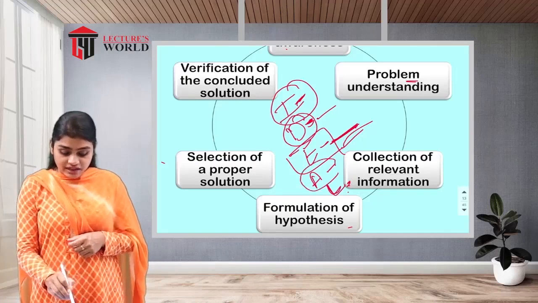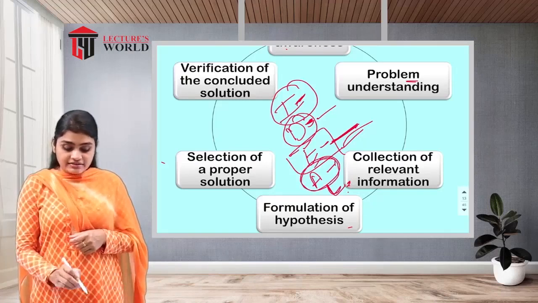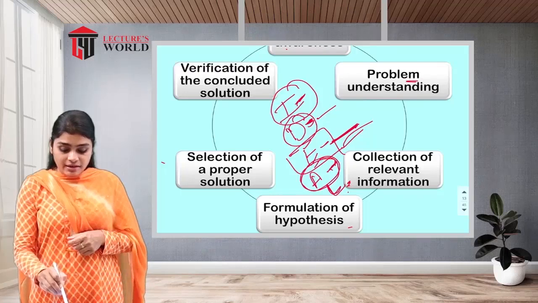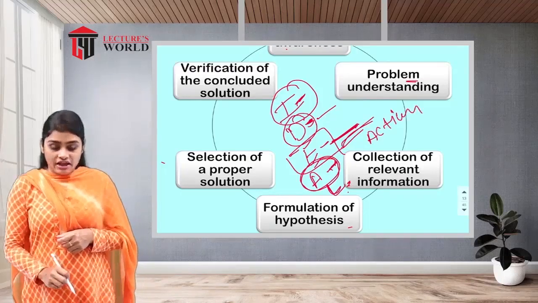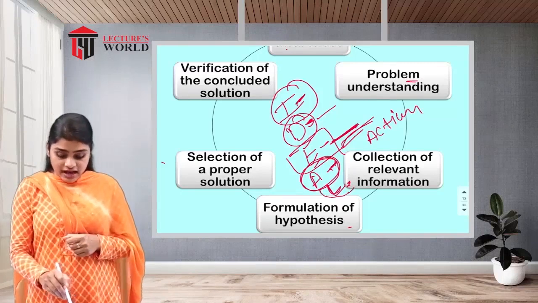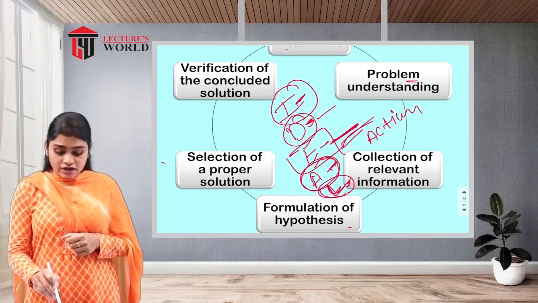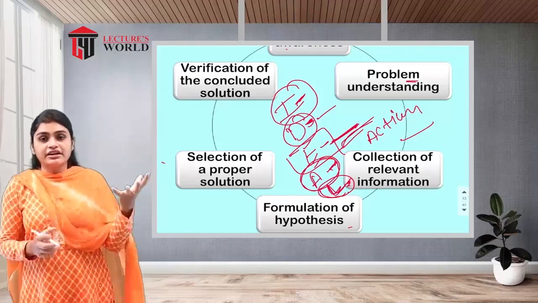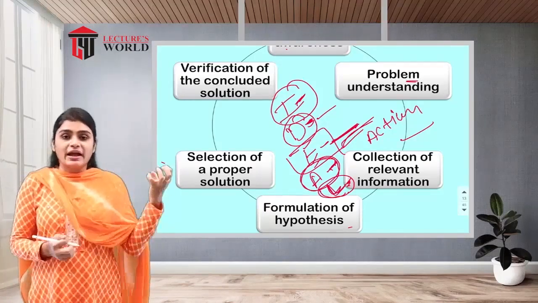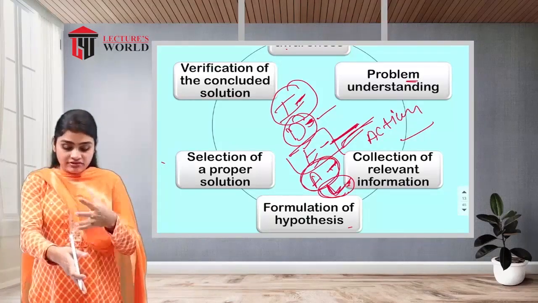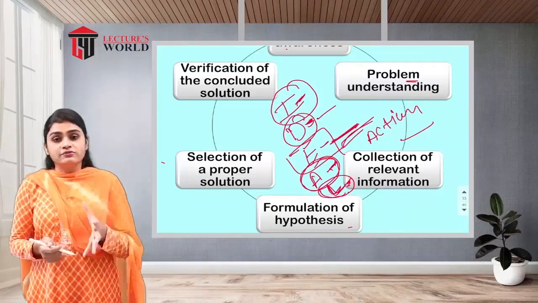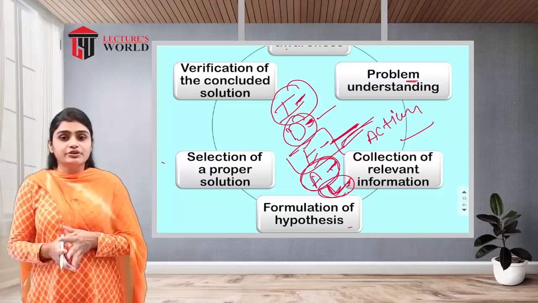Then analysis we have to do. At the same time, action: we have to implement the solutions we have listed out. And at last, in L, we have to look at the previous state of that problem. We have to look back at whatever we have done in these steps, whether that was sufficient to solve that particular problem or not.